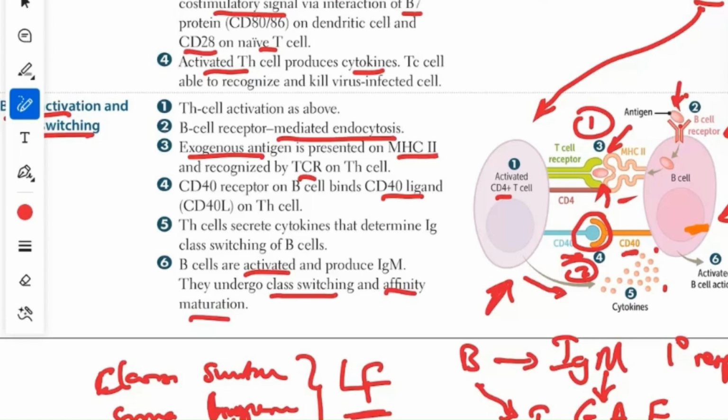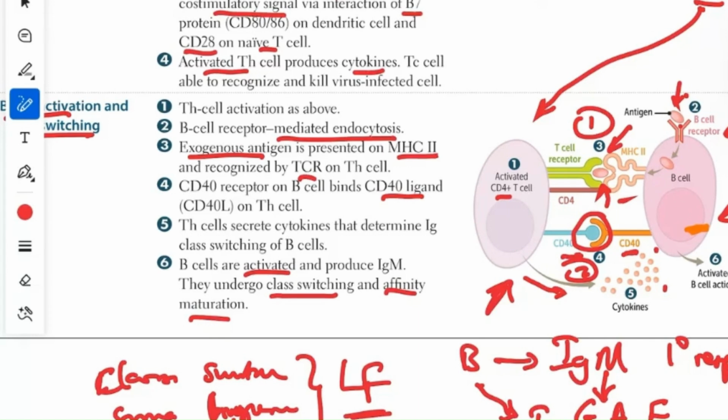All right. And then in these germinal centers, that's where you have your class switching and somatic hypermutation, because that's where the B cells that are expanding and multiplying are undergoing class switching, somatic hypermutation, and also producing all the antibodies that will be released into the bloodstream and fight the infection.